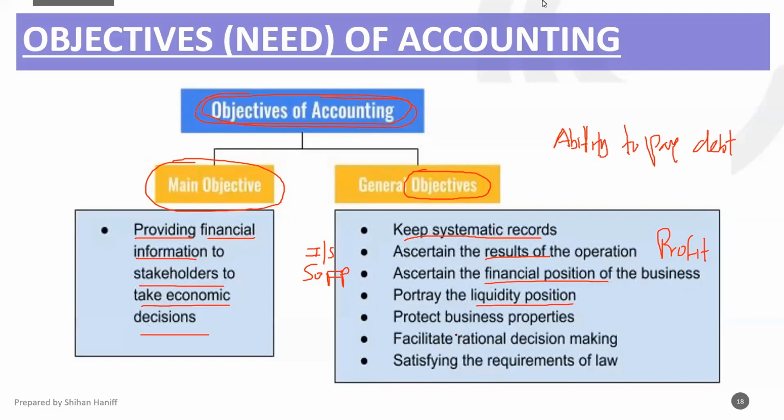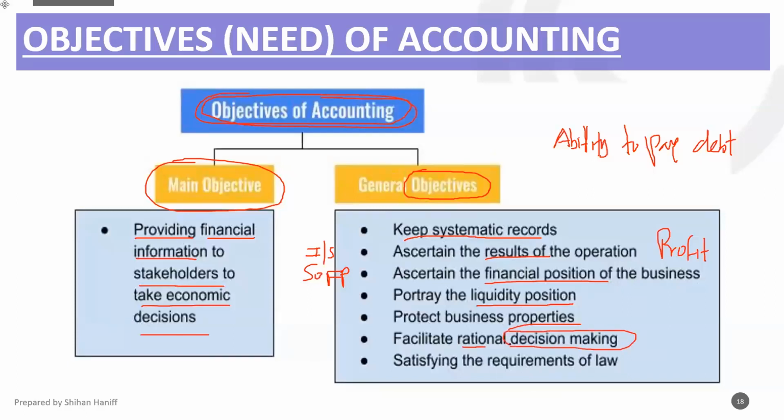Also, if you have a proper accounting system, you can protect your assets and properties, because everything will be recorded. If you don't have records, we don't know if someone takes out our asset, and it's very difficult to track. It also facilitates rational decision making.